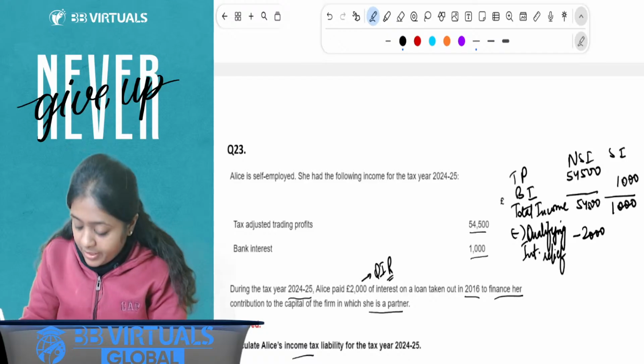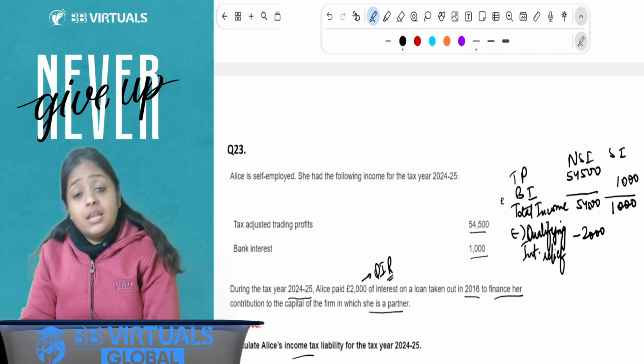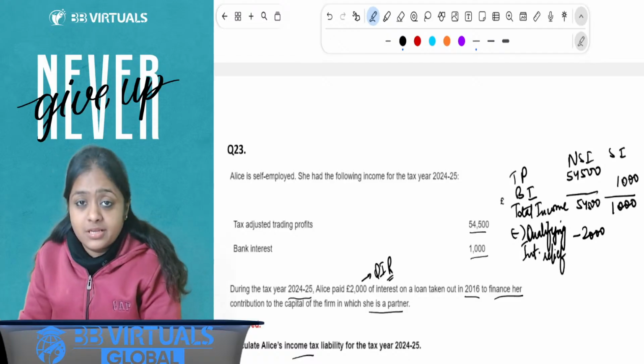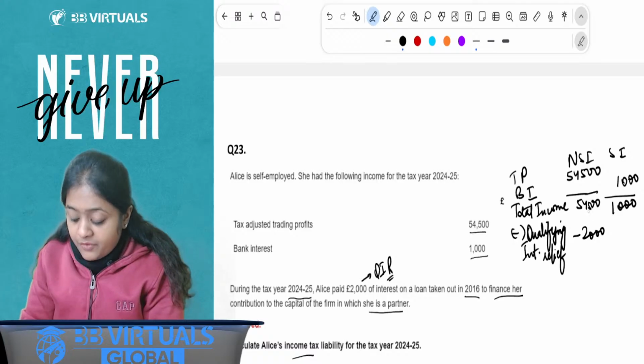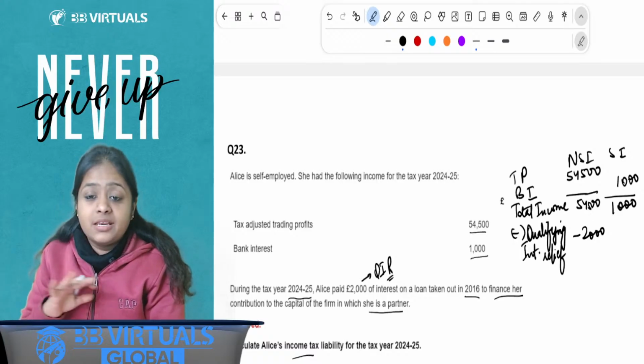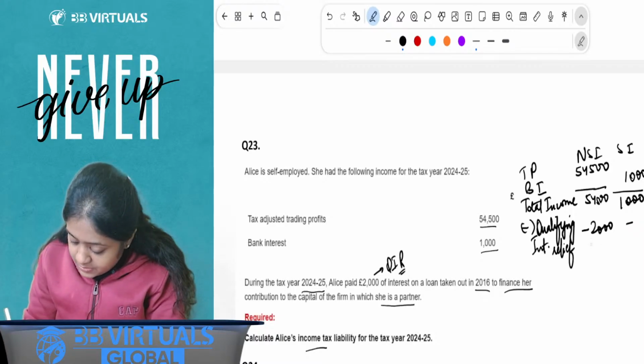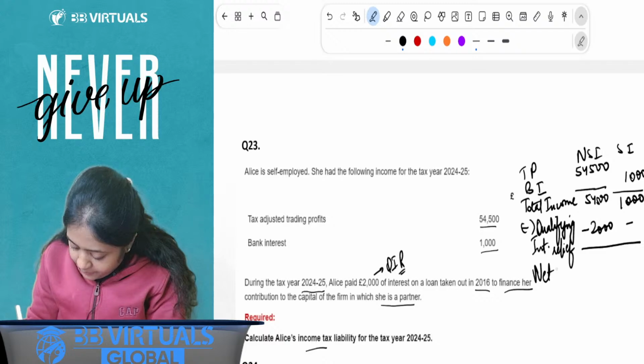And you know that like PA, like all the other adjustments, we do first against NSI. So here also first I will reduce against NSI. Since it is getting fully reduced against NSI, there is nothing to be used against savings income. So I will reduce it and then I will get my net income.